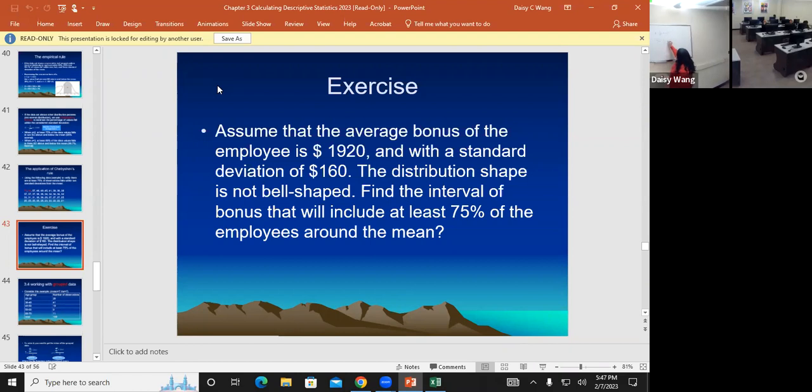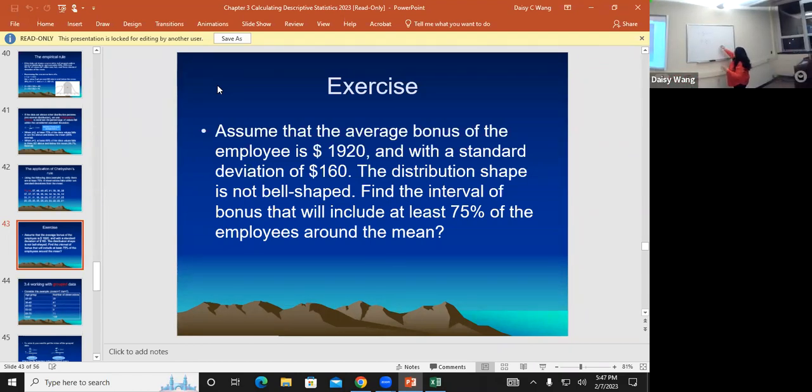So when Z is 2, on the number line with 0, minus 1, minus 2, 1 and 2, it is here. So plus minus 2 standard deviations. In this case, the standard deviation is 160, times 2 is 320.